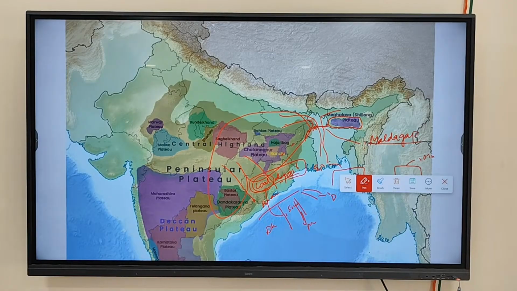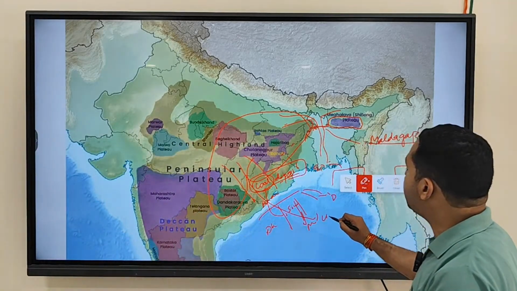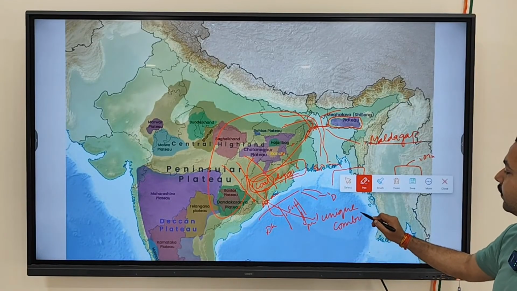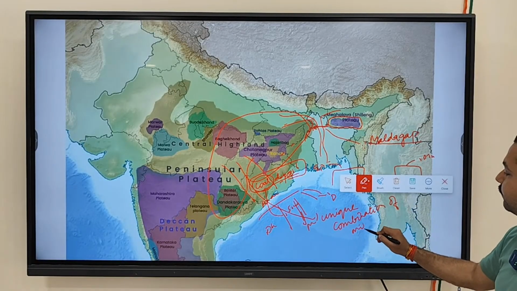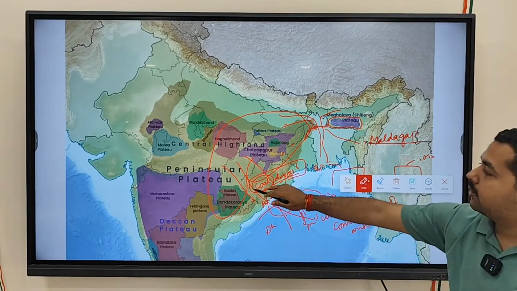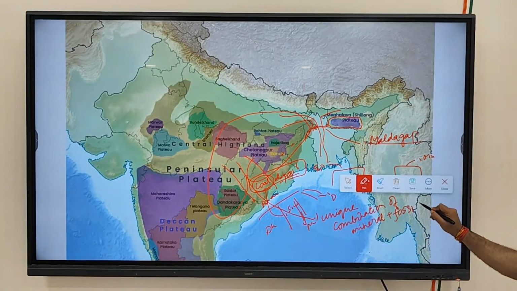That's why this Chota Nagpur Plateau region has a unique combination of minerals and fossils. Yeah, this plateau has a unique combination of minerals plus fossils.